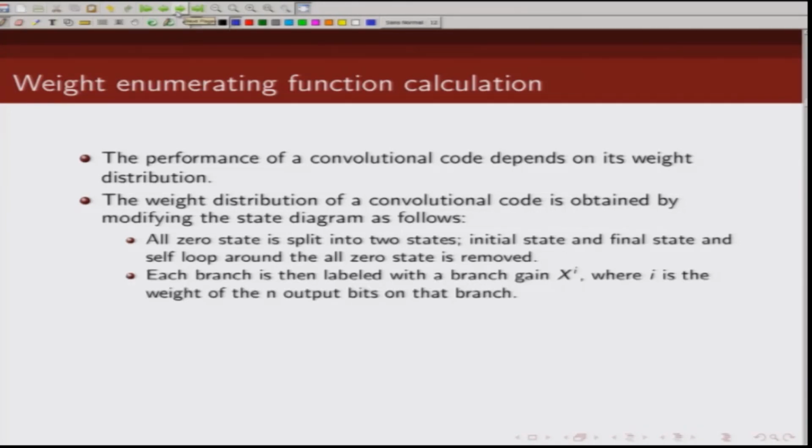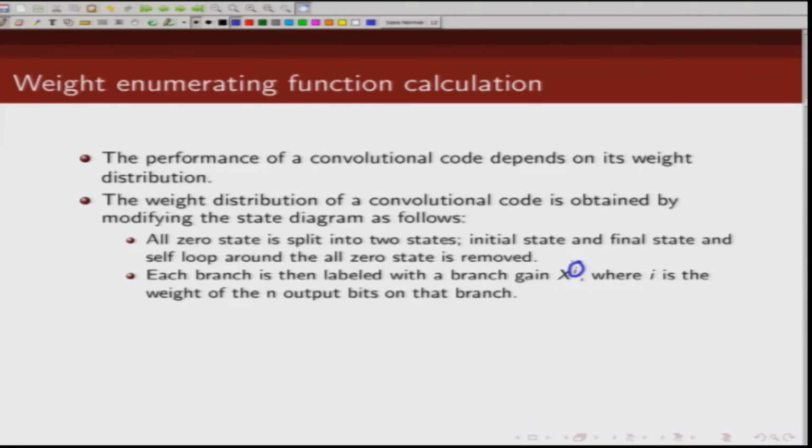Next, each branch linking one state to another will be labeled by the output weight of the code word. We denote it by x raised to the power I, where I is the weight of the coded bits.